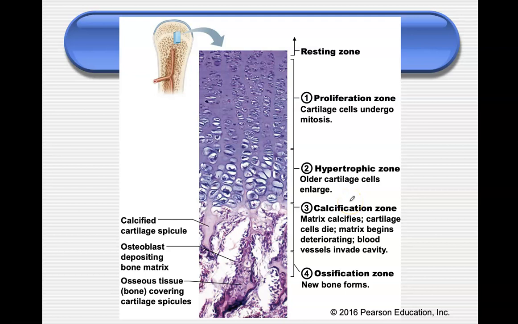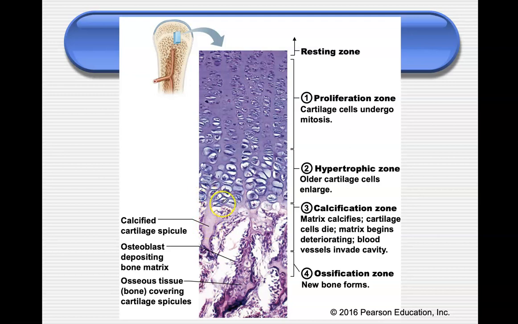So then in the calcification zone, this is where the surrounding cartilage matrix, so this matrix that's in these spaces here, is going to start to calcify.